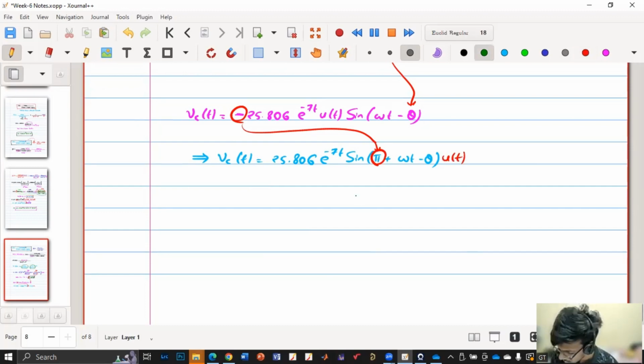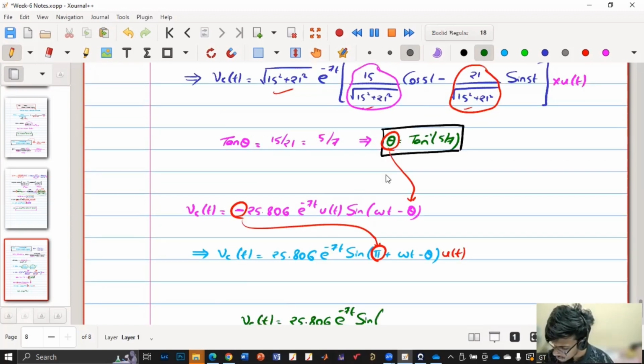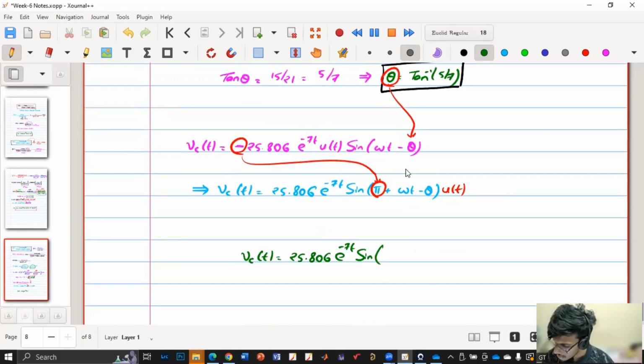Now the overall Vc of t can be written as 25.806 e to the power minus 70t sine of omega t. Omega t is 5t, right? Sine omega t, I'm writing 5.